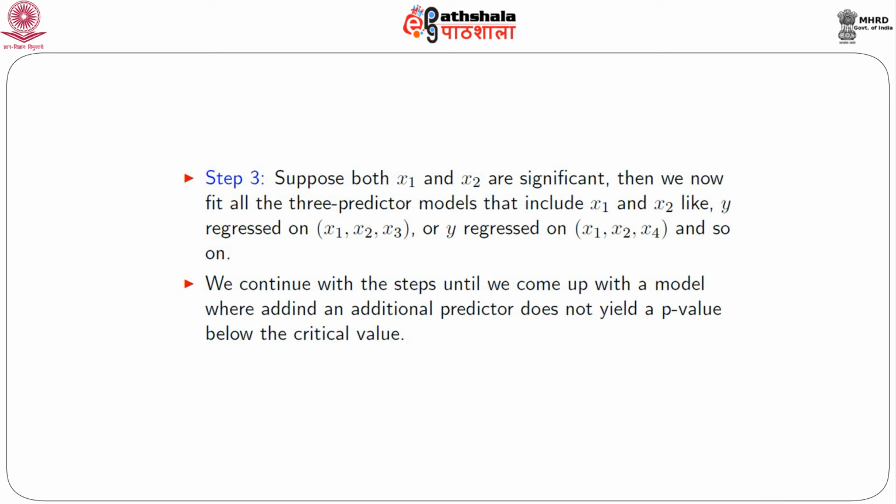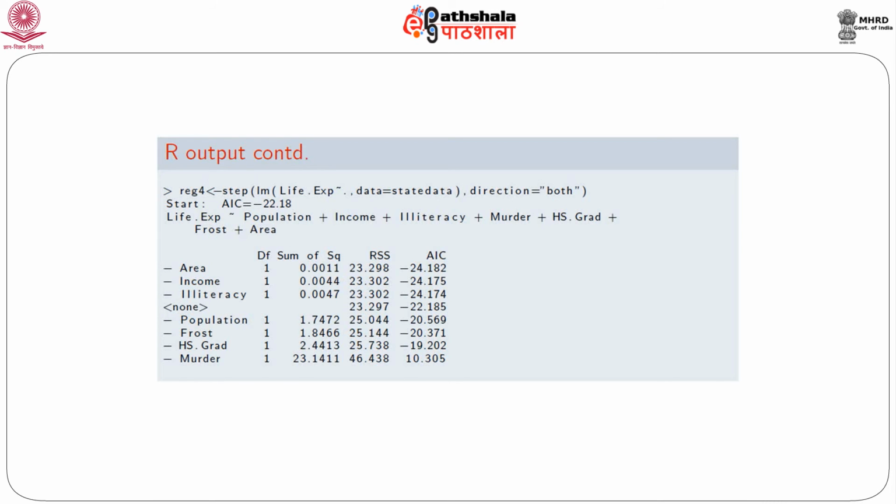So here is the R code for using the step function to obtain the parameters which are significant. Here is the use of R to use the step function to find the predictors which are significant using the stepwise selection method.